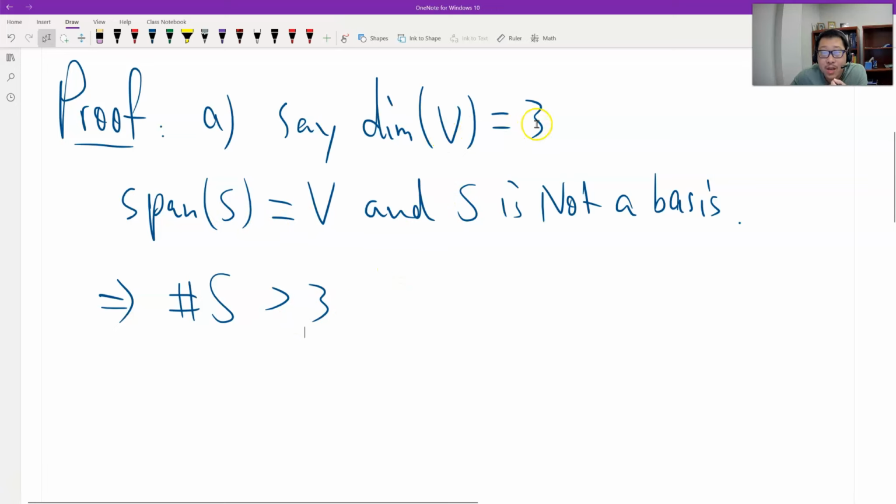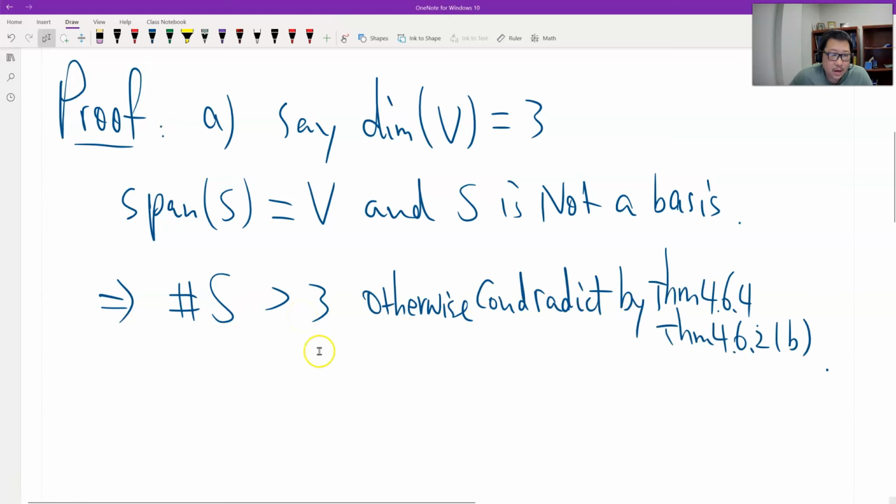If the number is 3, it contradicts the theorem we learned before, because if it's 3 vectors and the span is V, then S should be a basis. If the number of vectors in S is less than 3, it also contradicts. Why? Because we have a theorem before that says if the number in S is less than the dimension, the span should not be the whole space.